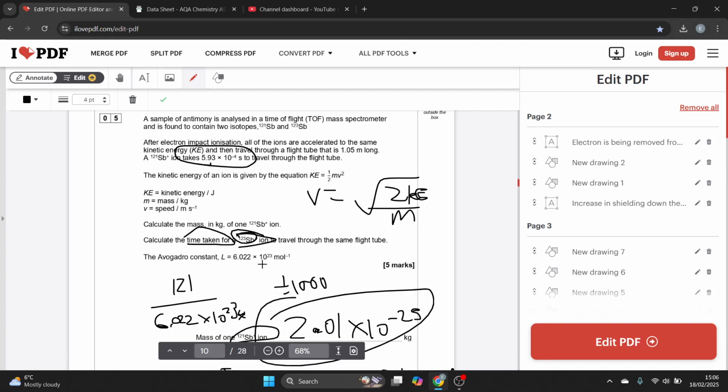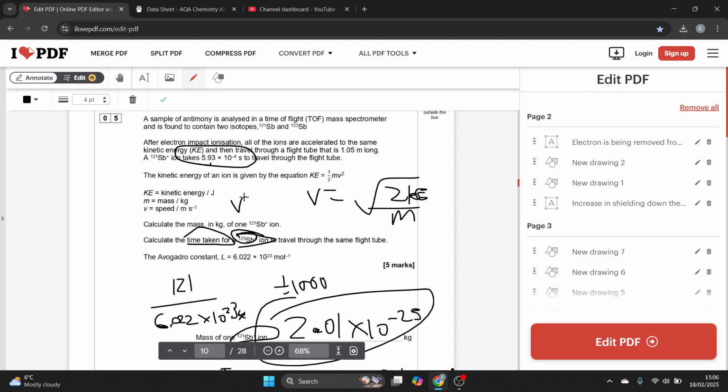So it's the square root of 2 times my kinetic energy answer, divided by the mass, and I get the velocity.